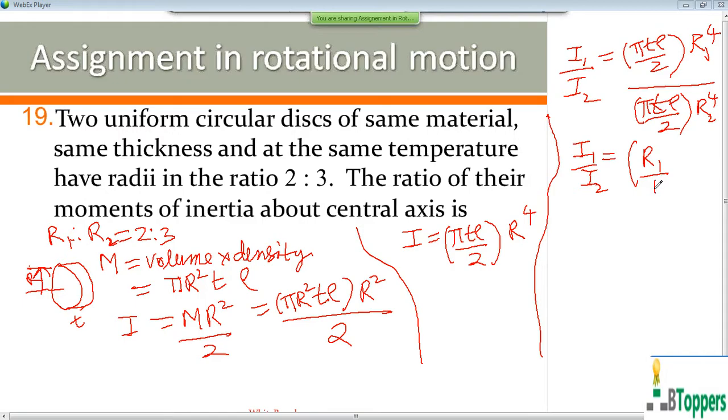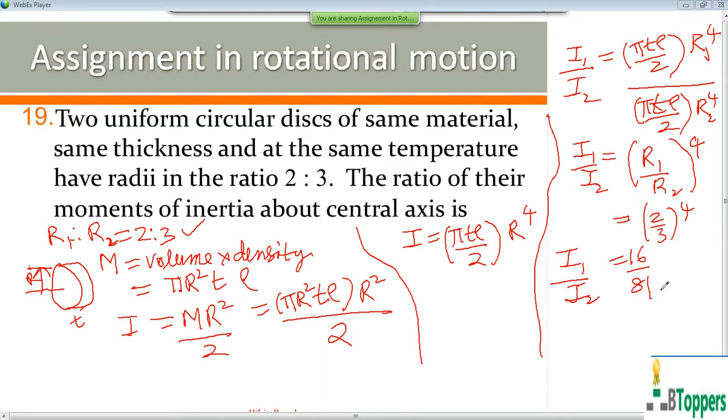So you can write I1 by I2 equal to R1 by R2 whole power 4. And R1 is to R2 is given to be 2 is to 3. So R1 by R2 you can write 2 by 3. So you get I1 by I2 equal to 16 by 81.